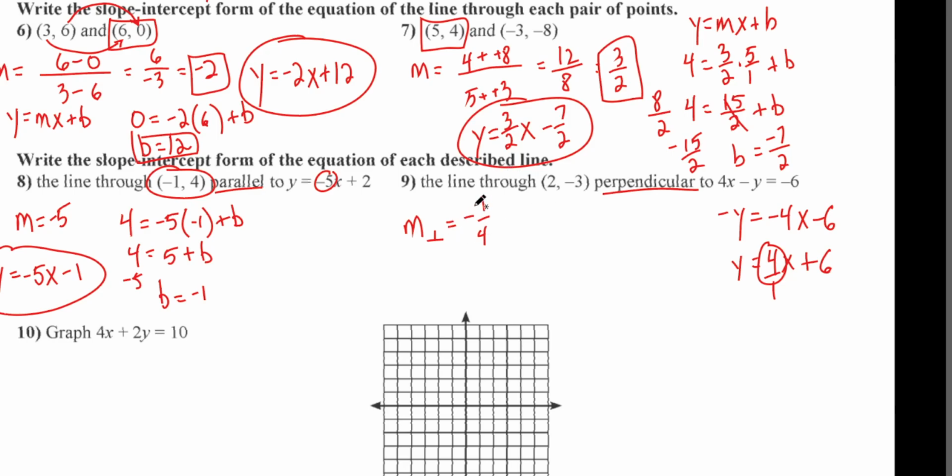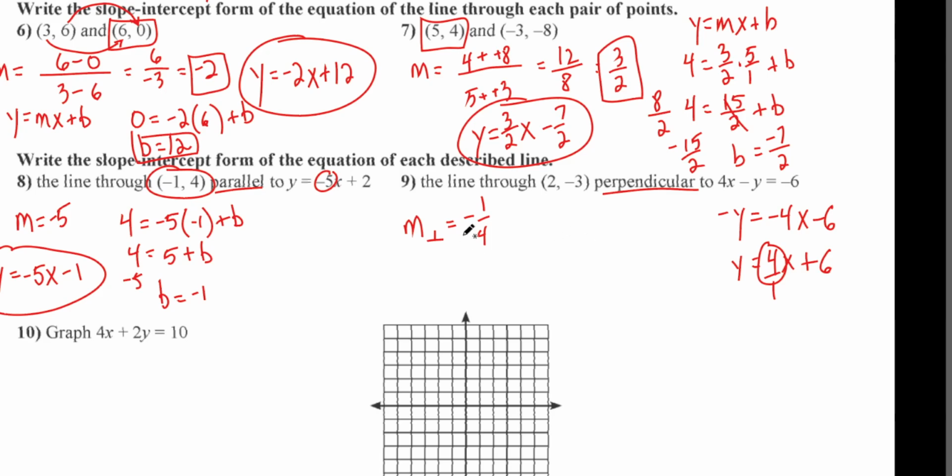Okay, so I got negative 1/4. And so many, not most, but too many, wrote the slope as a 4 here. It's not, because it's perpendicular. Are we getting this? Don't make that mistake on the test. I'm showing you where a lot of you guys made the mistake. Don't repeat that on the test. Make sure you fix it.